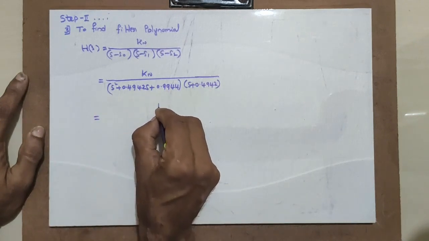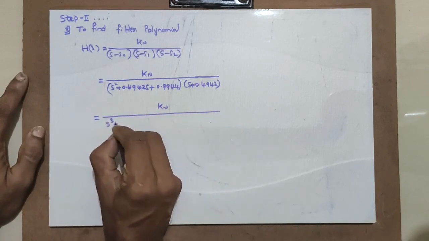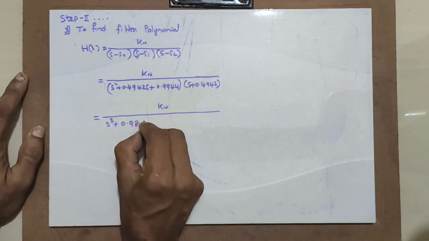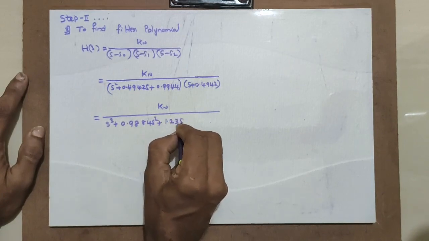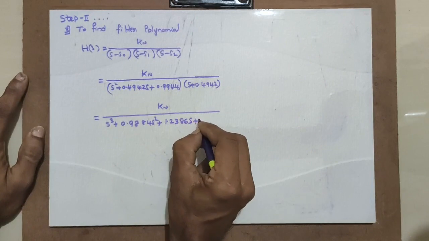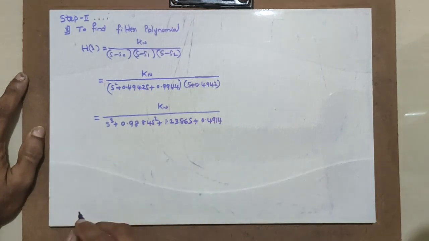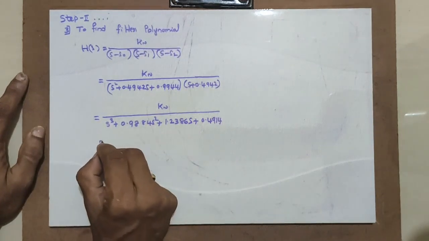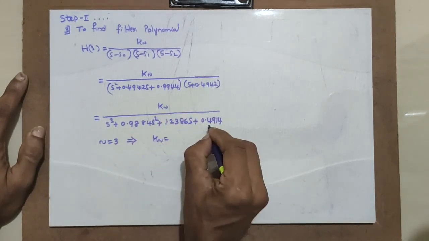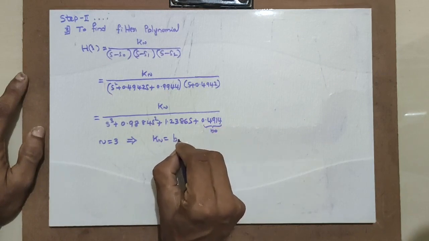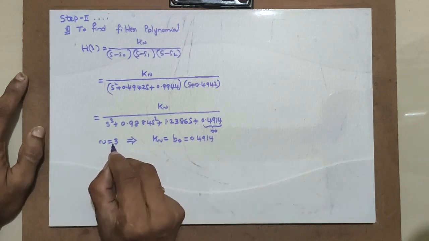If I multiply this, you will get Kn whole divided by s cube plus 0.9884 s square plus 1.2386 s plus 0.4914. Now you know that the order of the filter is 3, n is equal to 3. What does this imply? This implies the value of Kn. Kn becomes equal to b naught, this value, which is 0.4914, because n is equal to 3, an odd value, isn't it?